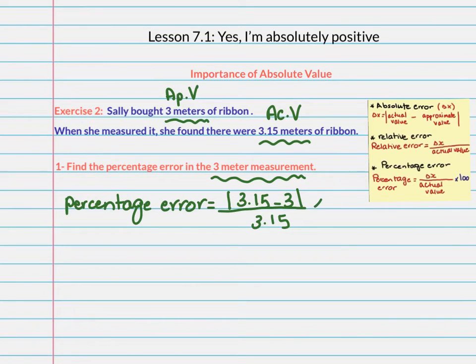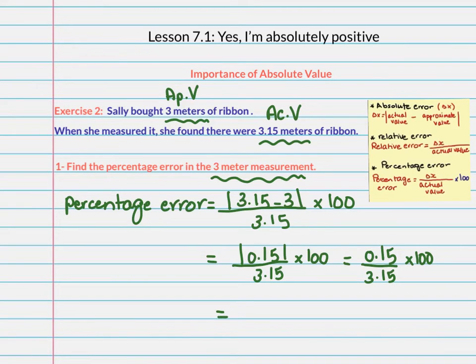We don't forget to multiply by 100. Absolute value of 3.15 minus 3, that's the absolute value of 0.15, divided by 3.15 multiplied by 100. The absolute value of 0.15 is 0.15 over 3.15 times 100.